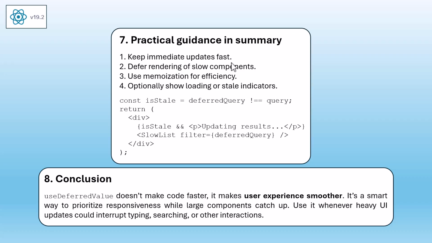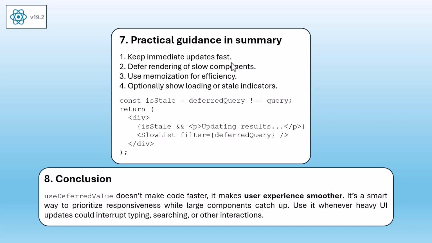Ensure the slower component is designed to reuse work when possible, e.g., via memoization or other optimizations. Optionally provide visual feedback, for example dimming or showing a stale indicator, so the user knows that the UI is catching up. Test across device types. Ensure the experience is acceptable on both fast and slower machines, browsers.